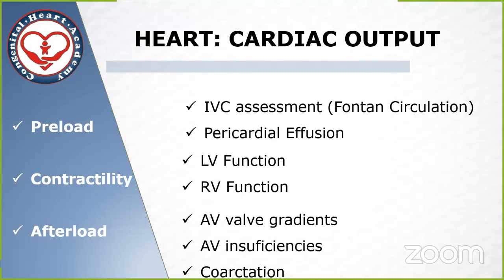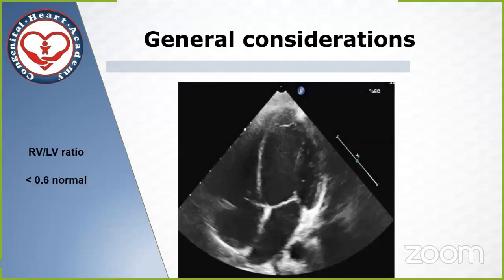And then we have to go a little bit farther and try to explore afterload, trying to assess AV valve gradients and insufficiencies, and also looking at the arch for residual coarctations, etc.